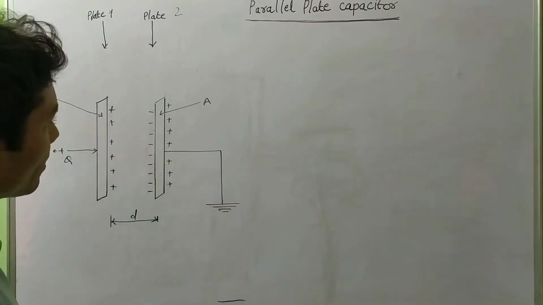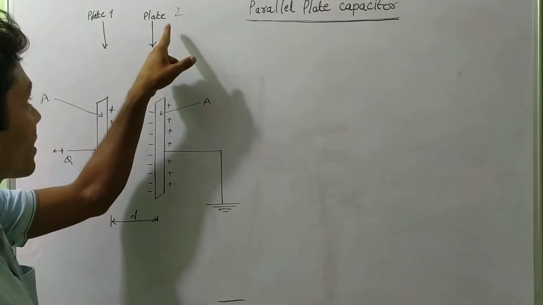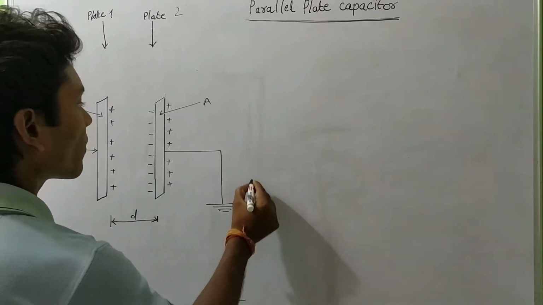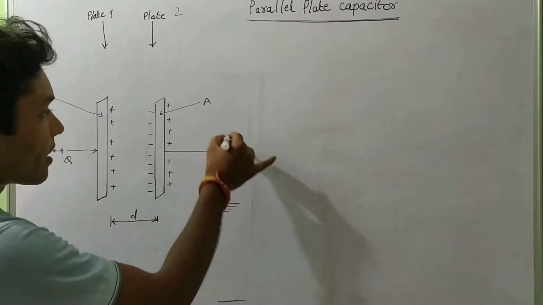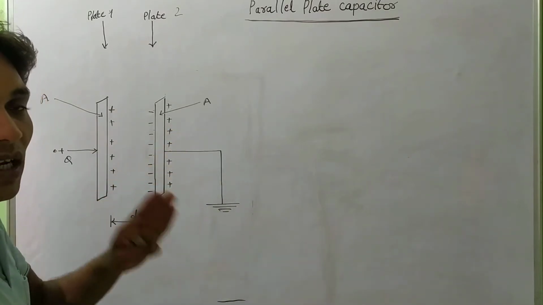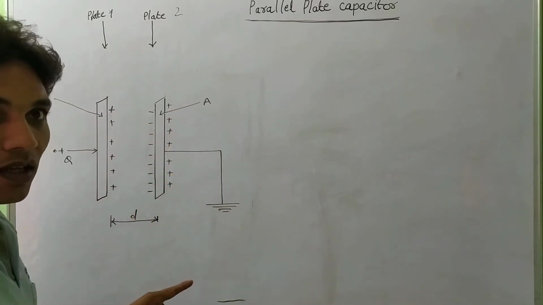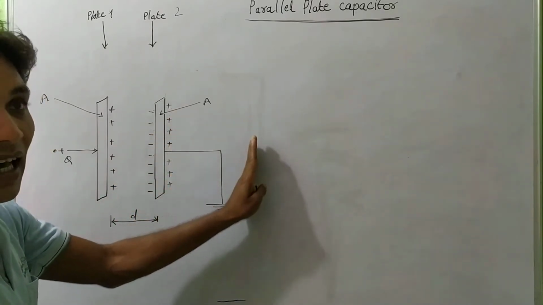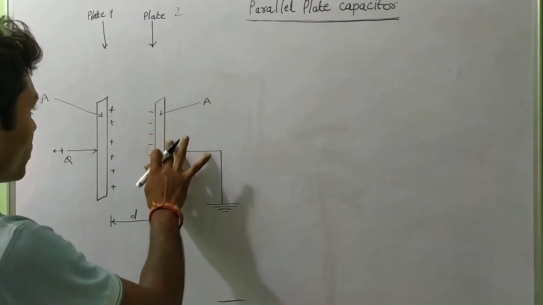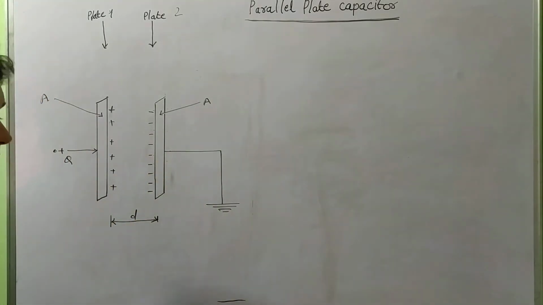Let the outer surface of the second plate be connected to the earth. Then electrons from the earth come to the second plate and neutralize the positive charge. All the positive charge is neutralized, so positive charge will not be there. So this is the parallel plate capacitor.